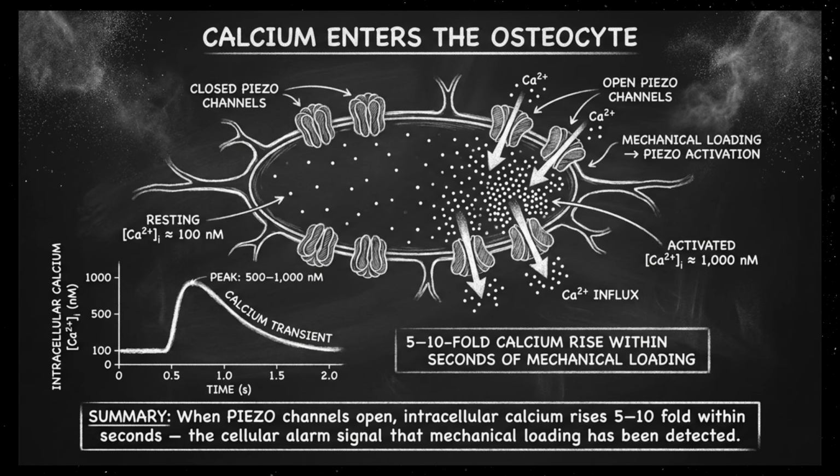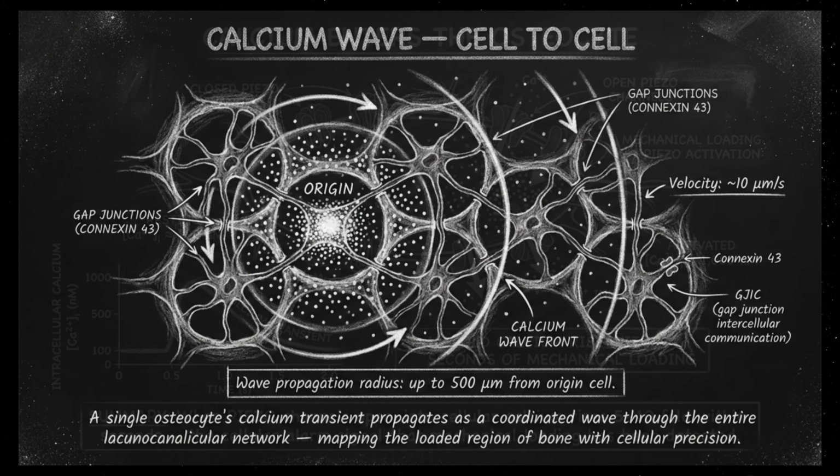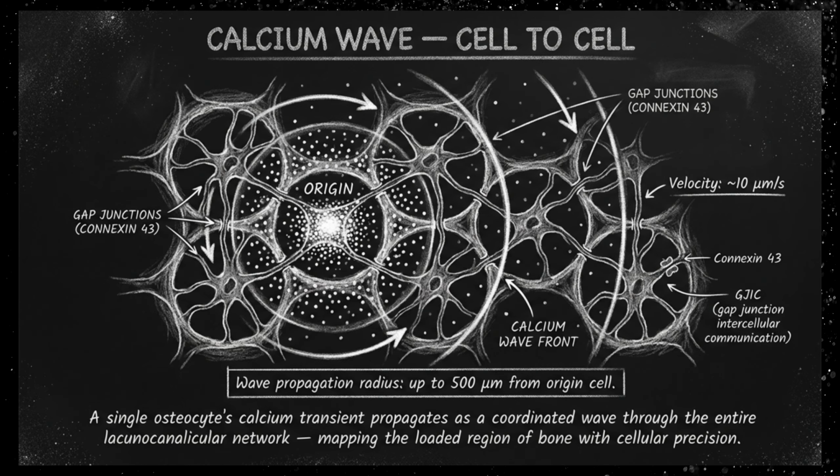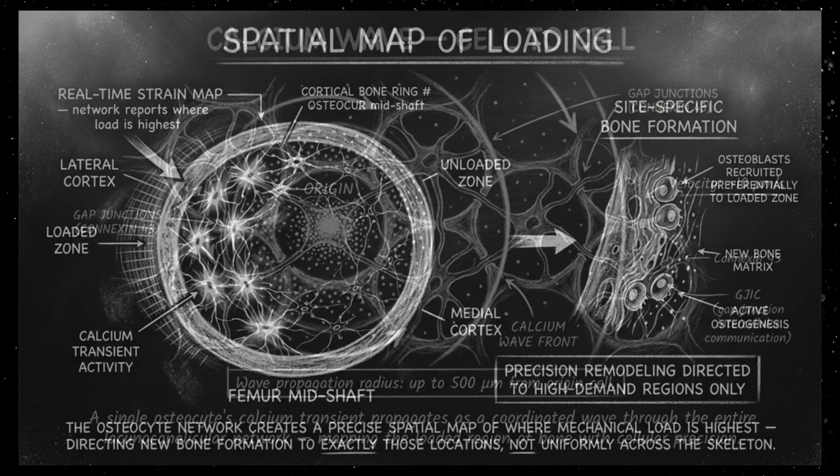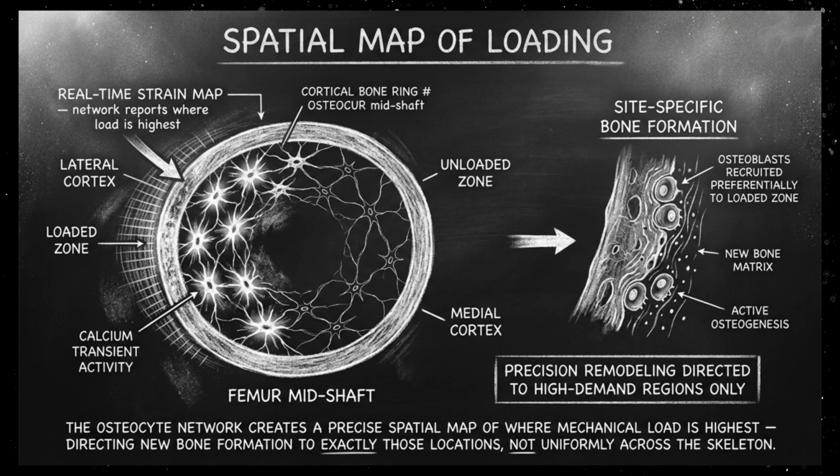The voltage is small by engineering standards. A moderate mechanical load on a long bone produces a potential on the order of tenths of a millivolt per unit strain, typically in the range of 0.1 to 1 millivolt under physiological loading conditions. But small does not mean insignificant.